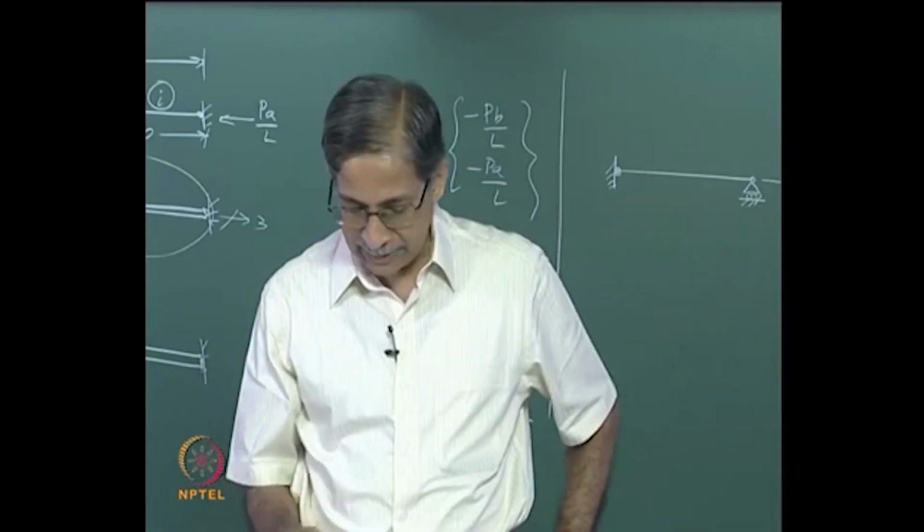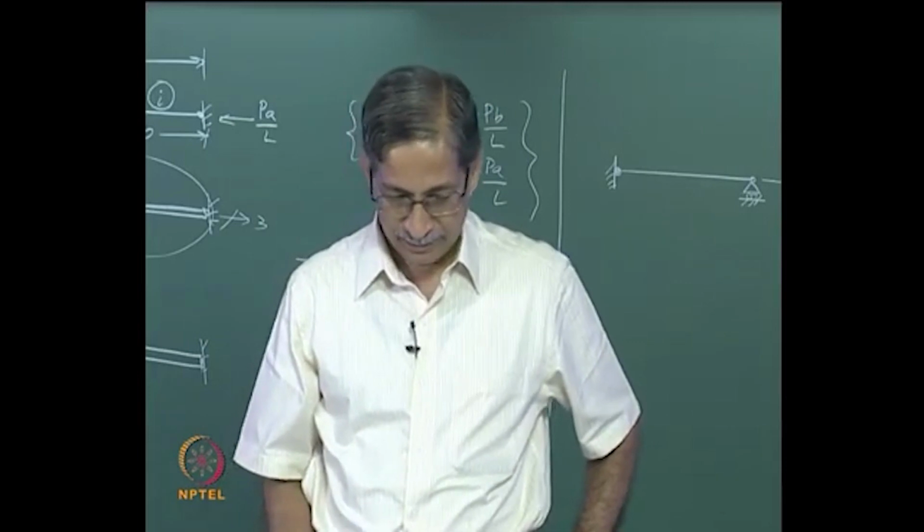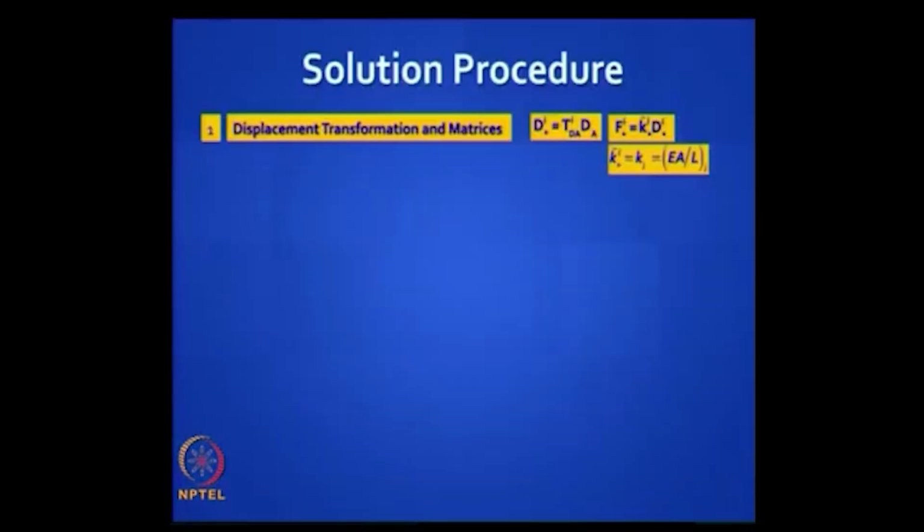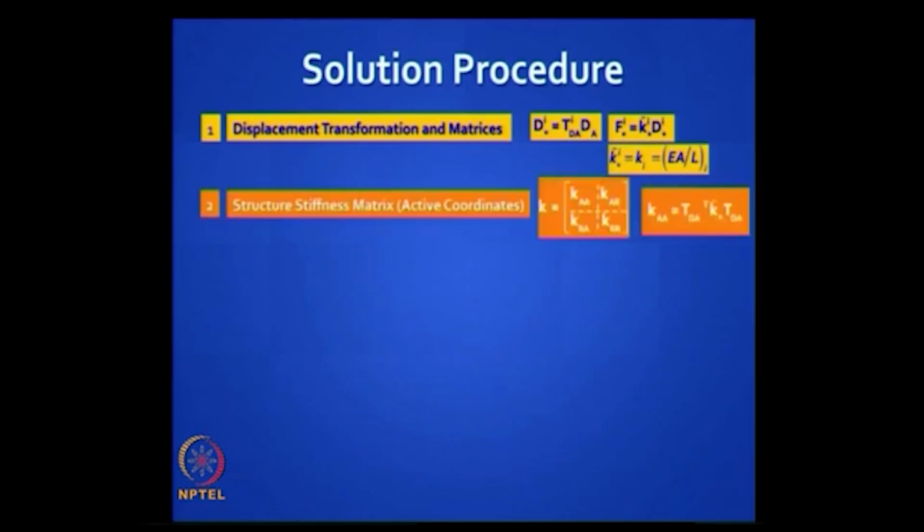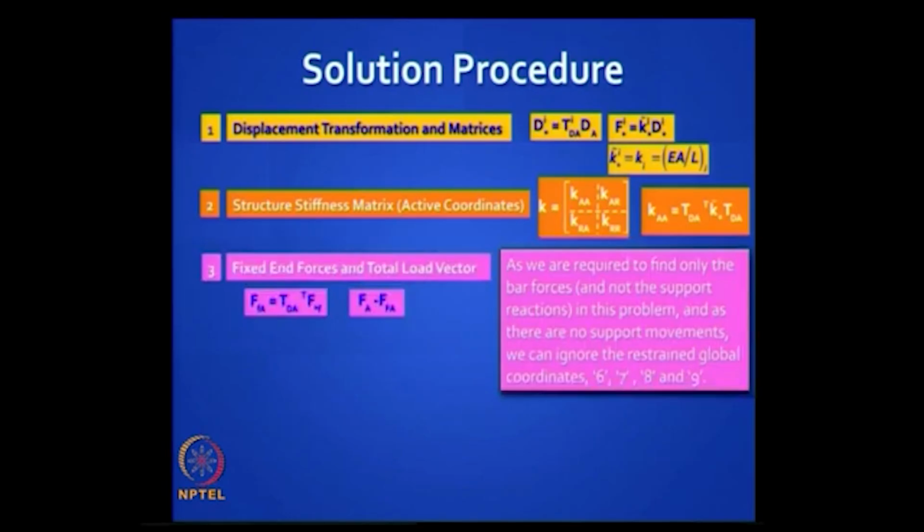Okay, while you do that, let me review the procedure. First you have to get the TD matrix. It is enough to get TDA because we are not interested in the reactions and all that. TDA is all that you need. Then you generate the structure stiffness matrix, find the fixed end forces.